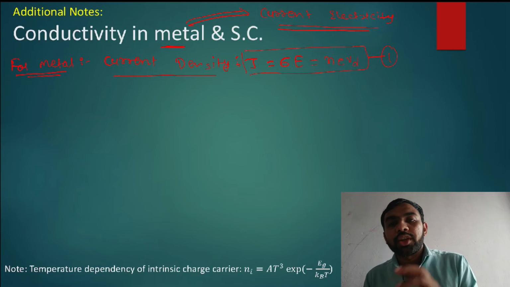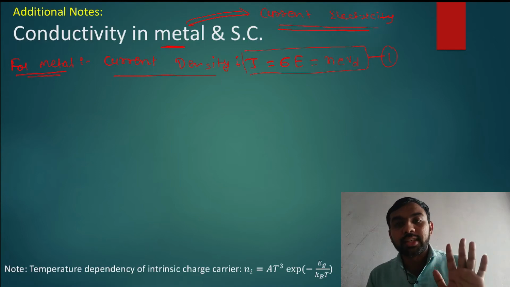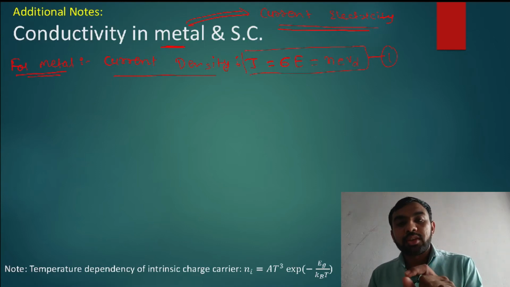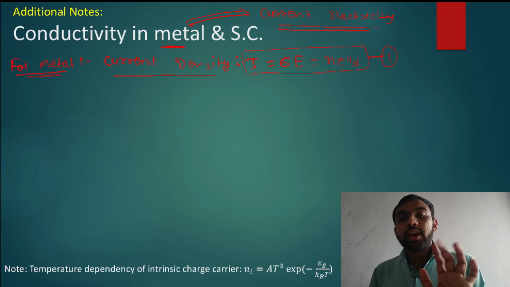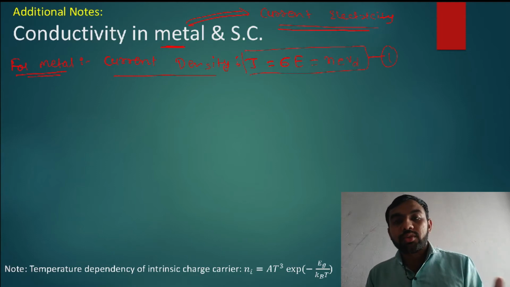So J is equal to sigma E is equal to NeVd, where N is the number of electrons, e is the charge of the electron, Vd is the drift velocity, sigma is the conductivity, and E is the electric field.